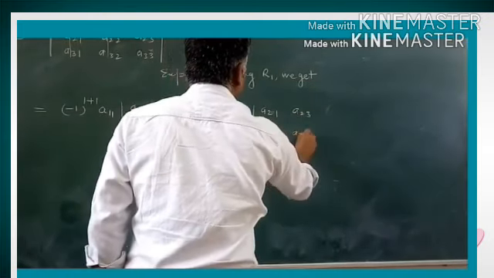(-1) power of the sum of indices 1 and 3, A13, and the second order determinant obtained by deleting the first row and third column: A21, A22, A31, A32.